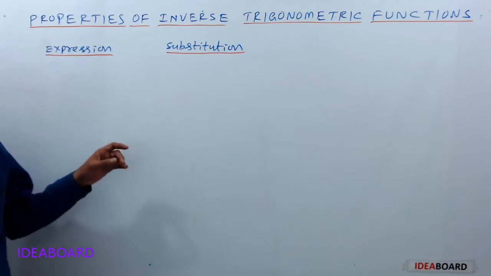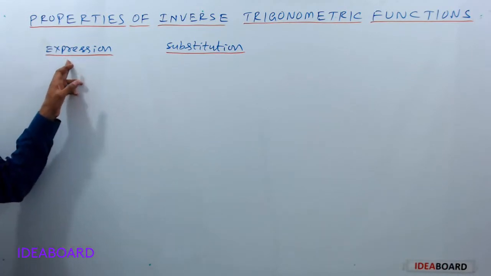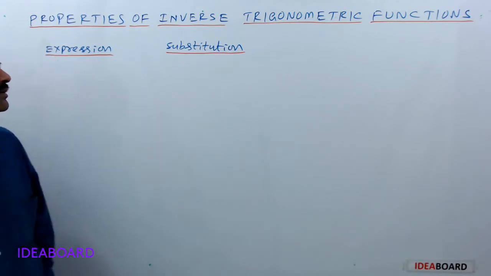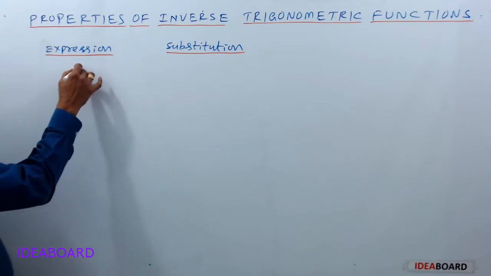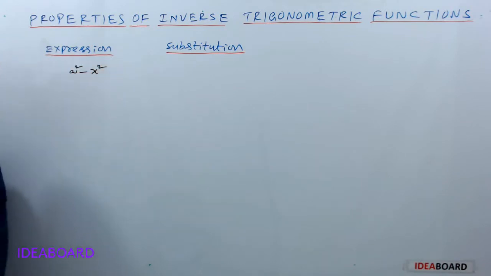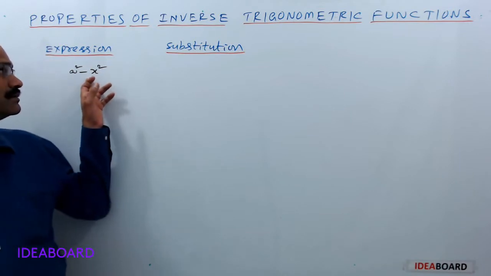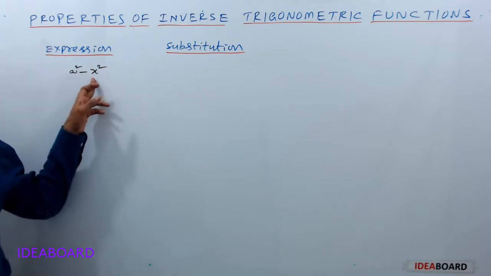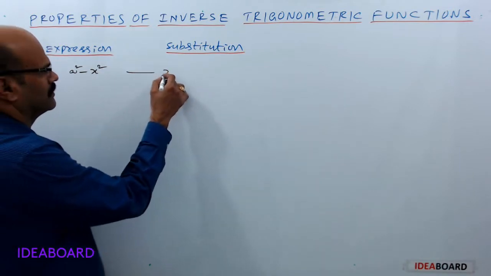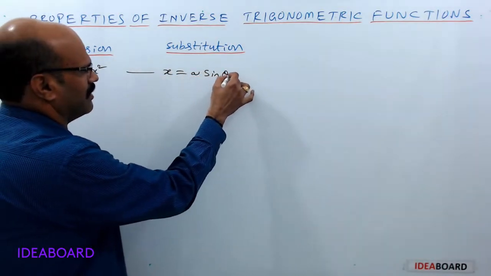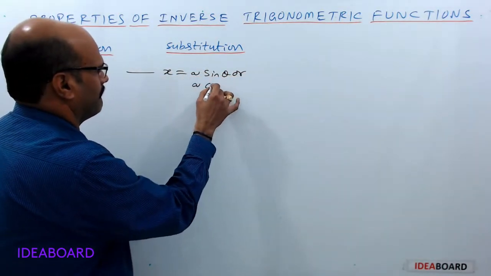Now, whenever we have the expression a square minus x square, we have to take x equal to a sin theta or a cos theta.